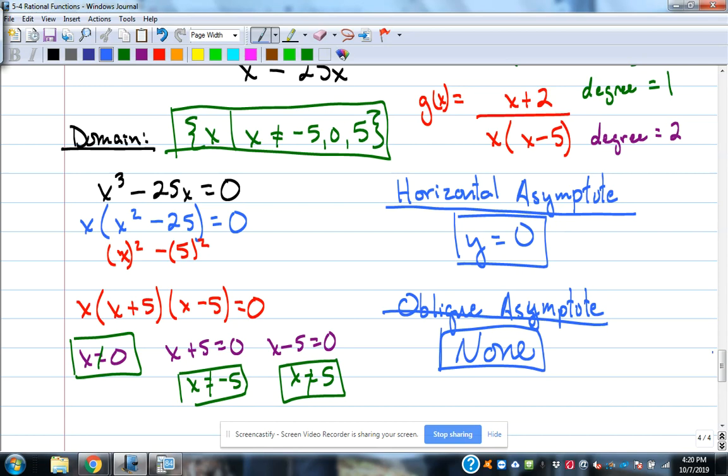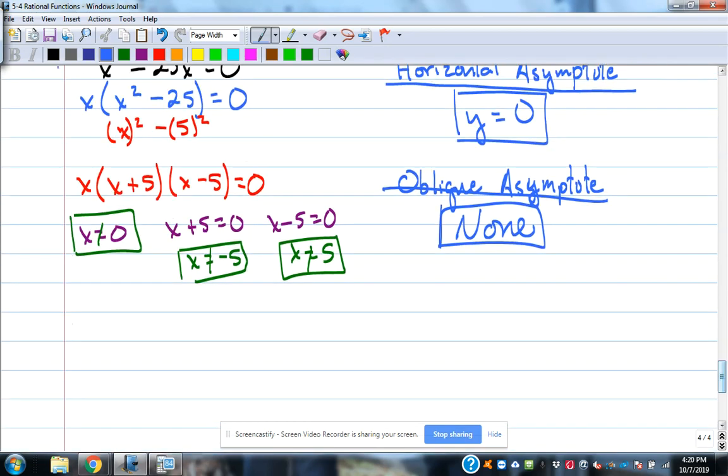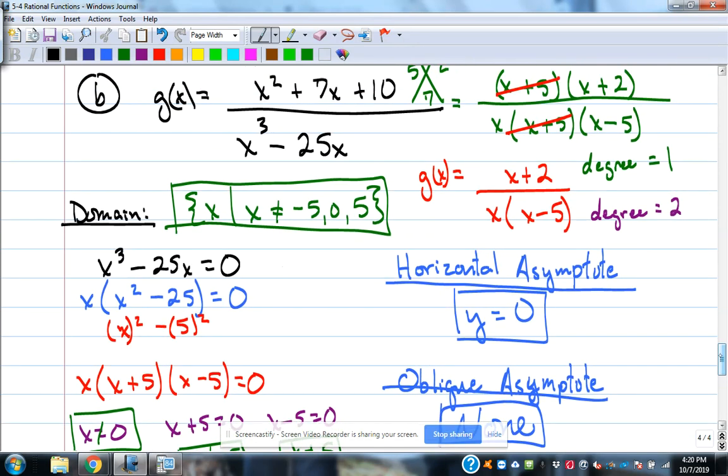What did we not find? It's actually pretty easy. Vertical asymptotes. I jumped the gun here. That's okay. Doesn't really matter what order you do it. Vertical asymptotes, we know every one of them should have some. What's left in the denominator to get vertical asymptotes from?